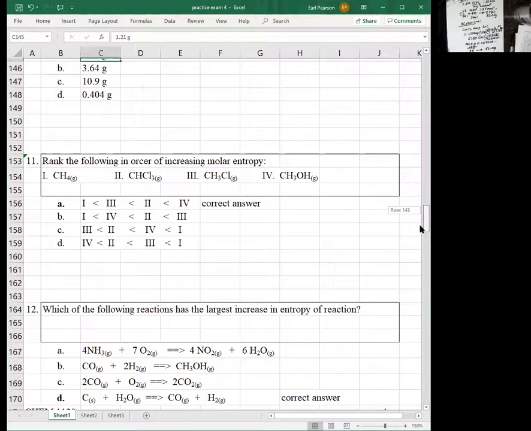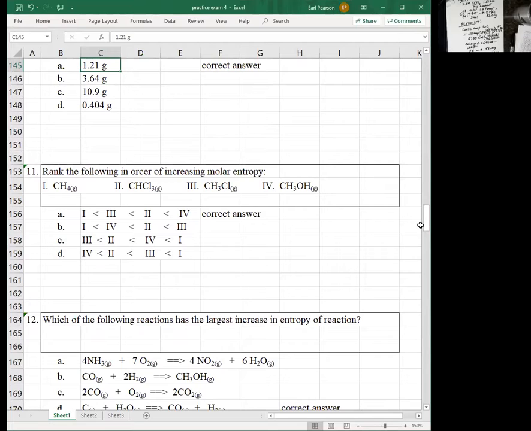Number 11. Write the following in order of increasing entropy. If you're thinking about entropy or disorder, we're looking to see which of those would contain the most entropy.